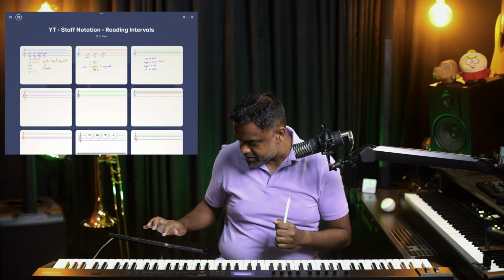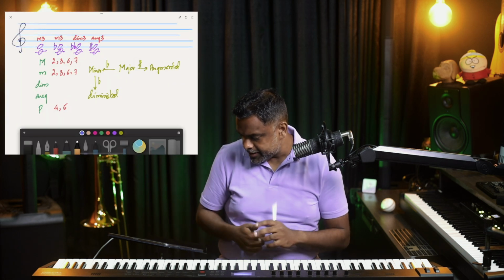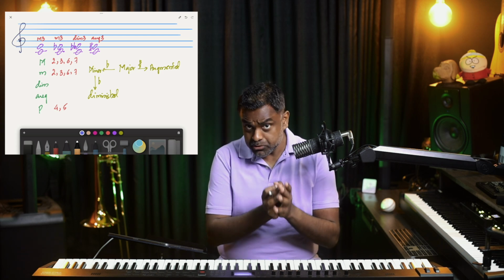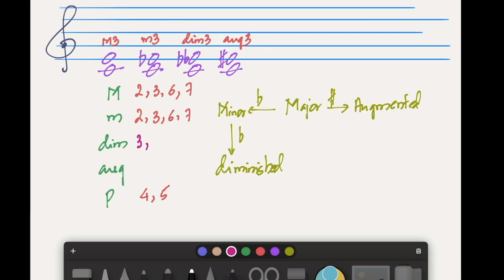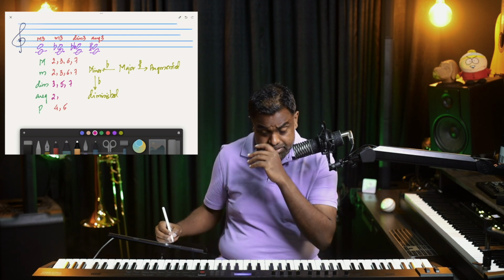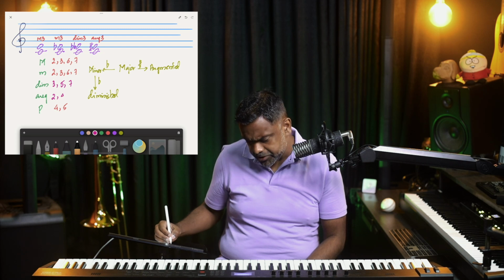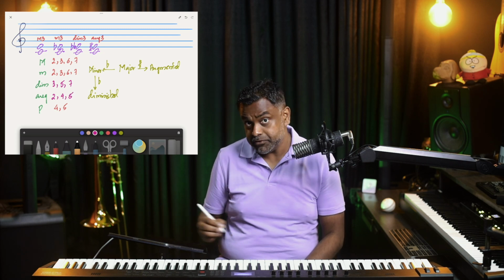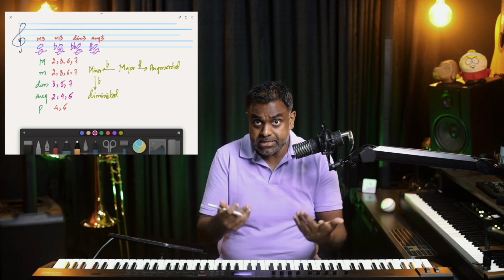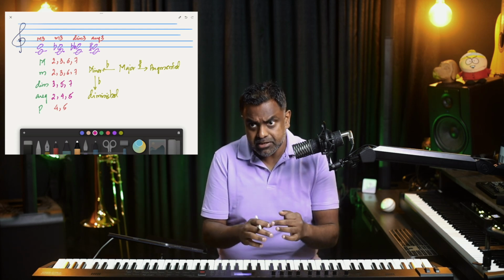So far in the piece, we have looked at the fact that majors could be 2 3 6 7, minors could be 2 3 6 7. You could have a diminished fifth, and you can have a diminished seventh. These are the ones I've used, or I find used. Then you could have an augmented second, I told you, where you raise the major second. You can have an augmented fourth. You can even have an augmented fifth, by the way, because that's used a lot in augmented scales, and to build some interesting modes as well.